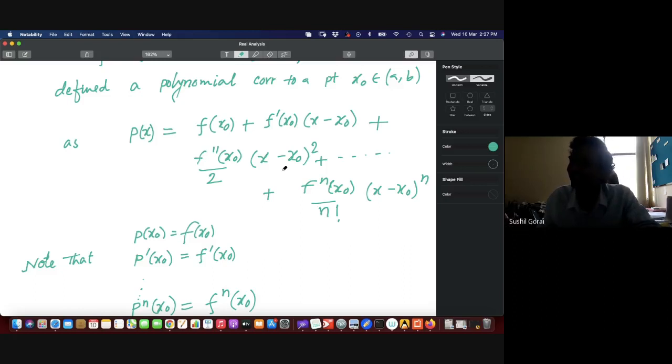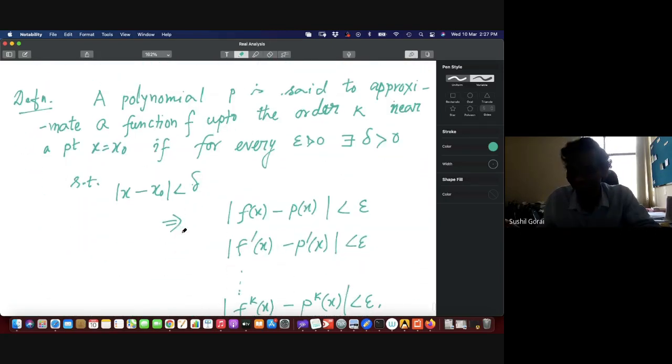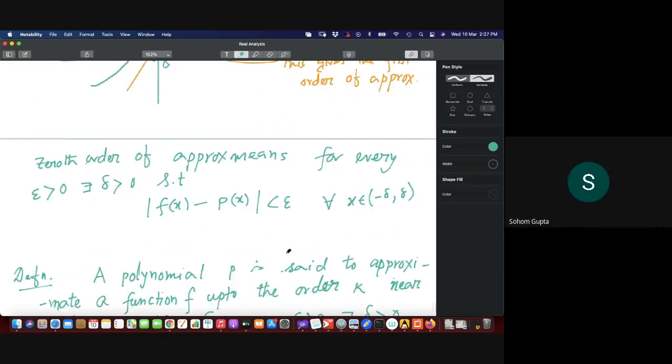And since f prime is continuous, when x is near to x naught, f prime x is near to f prime x naught. That gives you the approximation of order 1. Does this look a little better?